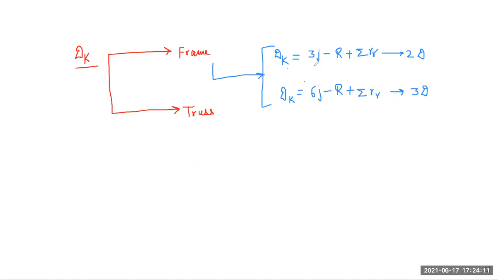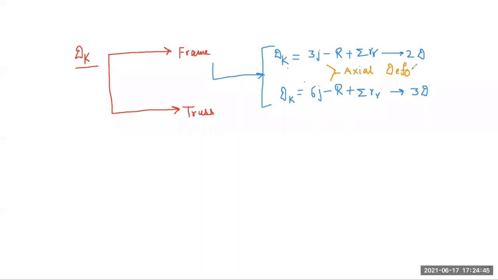Both cases are valid when axial deformations are neglected. In many questions, they say axial deformations are permitted or axial deformations are neglected. This formula is valid when axial deformations are to be neglected. If they give in the question that axial deformations are permitted, then you do not apply this formula.